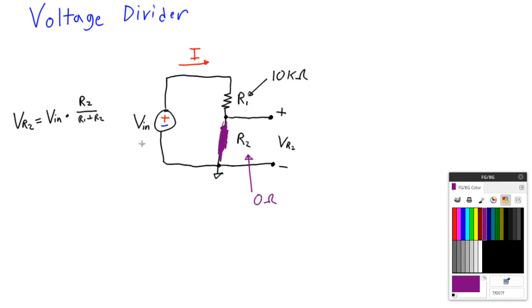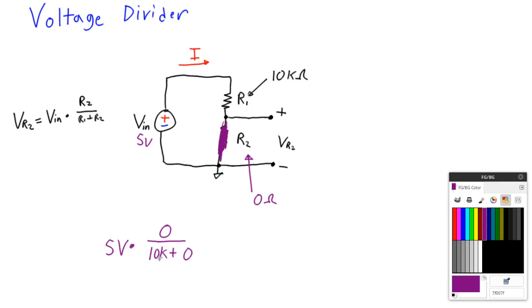So let's just say V in is 5 volts. It's a common logic level voltage that we deal with. So we've got 5 volts times R2, which is 0, over R1, which is 10K, plus 0. So we've got 0 over 10.